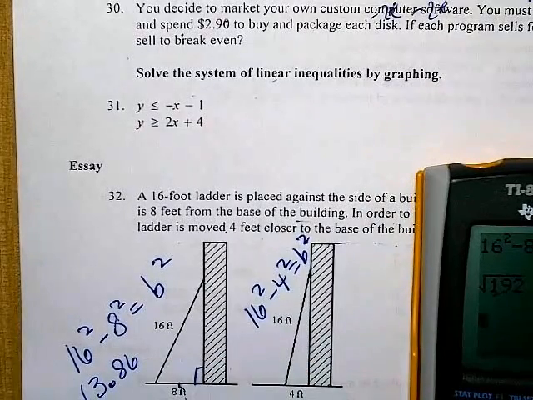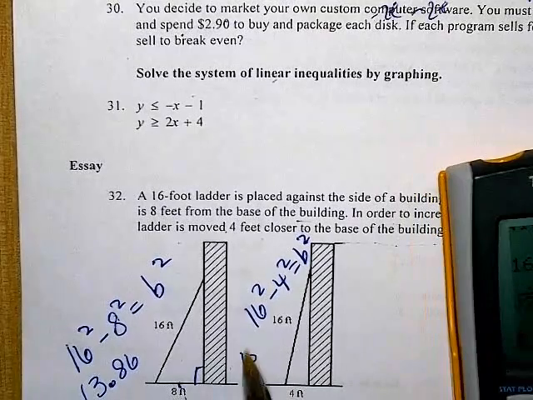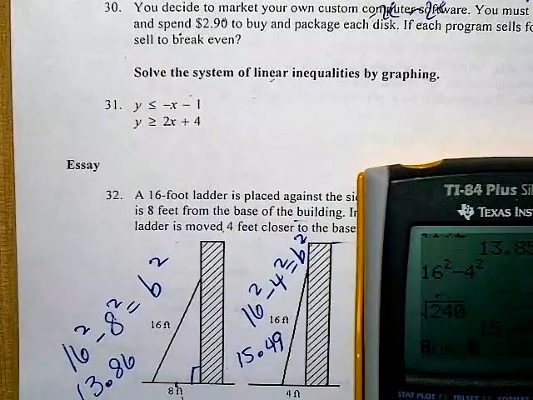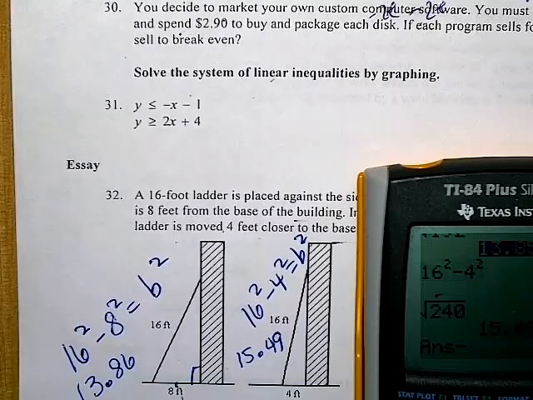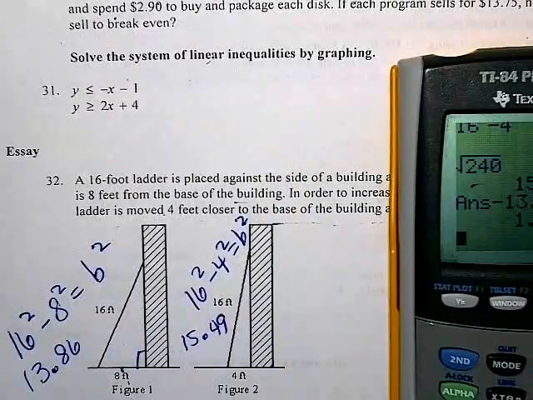The second one is 16 squared minus 4 squared, square root of that is 15.49. So when you subtract the 13.85 from the 15.49, we get 1.63. So to the nearest foot, how much does it change? 2.